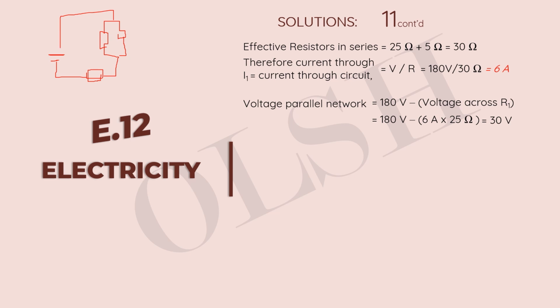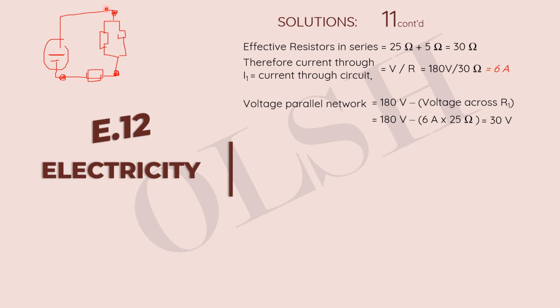What I'm saying is the voltage across this network plus the voltage across this network will sum up to give us the voltage across this battery. So that's what we did here. If we subtract the voltage across this resistor from the voltage across this battery, we get this voltage. So this 30 volts is the voltage across this network.